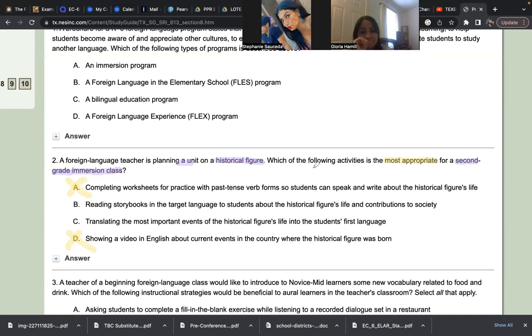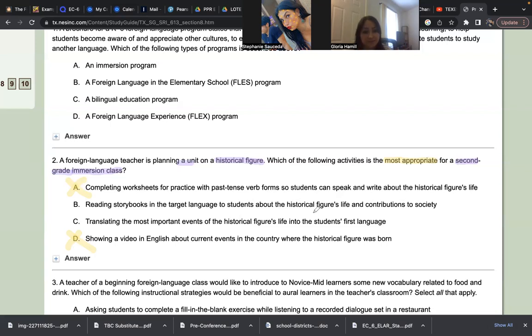We're looking for activities that are most appropriate, and we're down to two, and you're right, you might do both of these or some of these. But which should you always do in an immersion class? You want to do what is best practice. We're in second grade. If it's an immersion class, this one says reading storybooks in the target language.